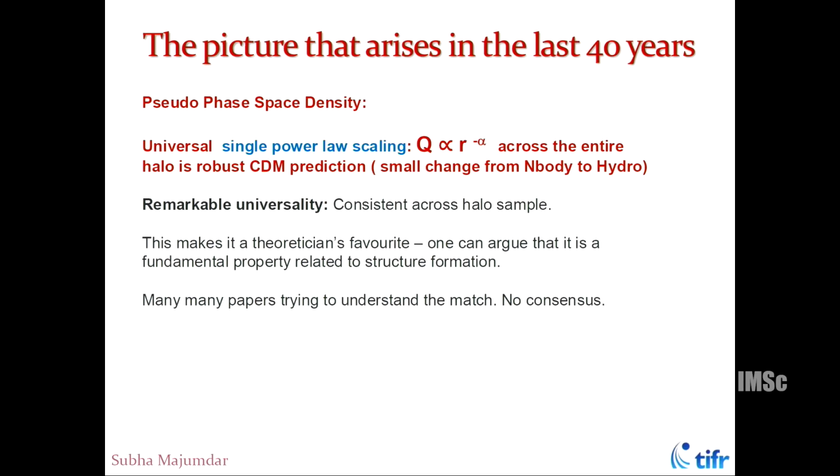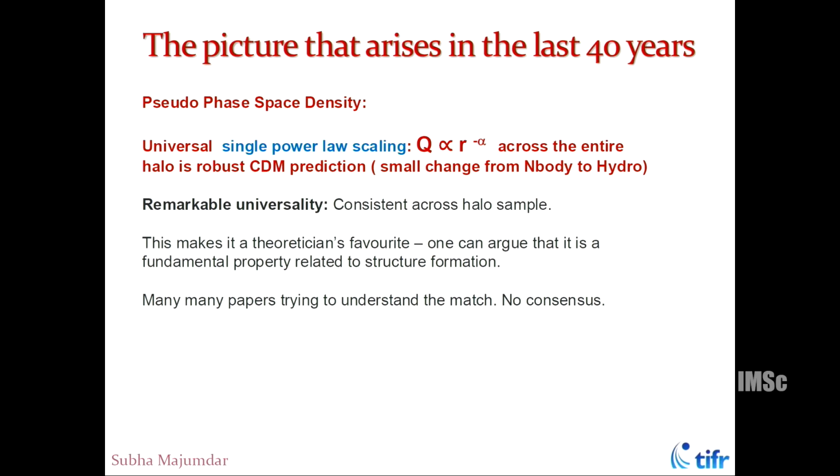Okay. So what is the picture that has arisen in the last 40 years? There's a universal single power law scaling relation across the entire halo, robust for CDM predictions, whether it's n-body or hydro. Remarkable universality, consistent across halo samples, different simulations, different mass halos, different redshifts, doesn't matter. And so this makes it a theoretician's favorite.